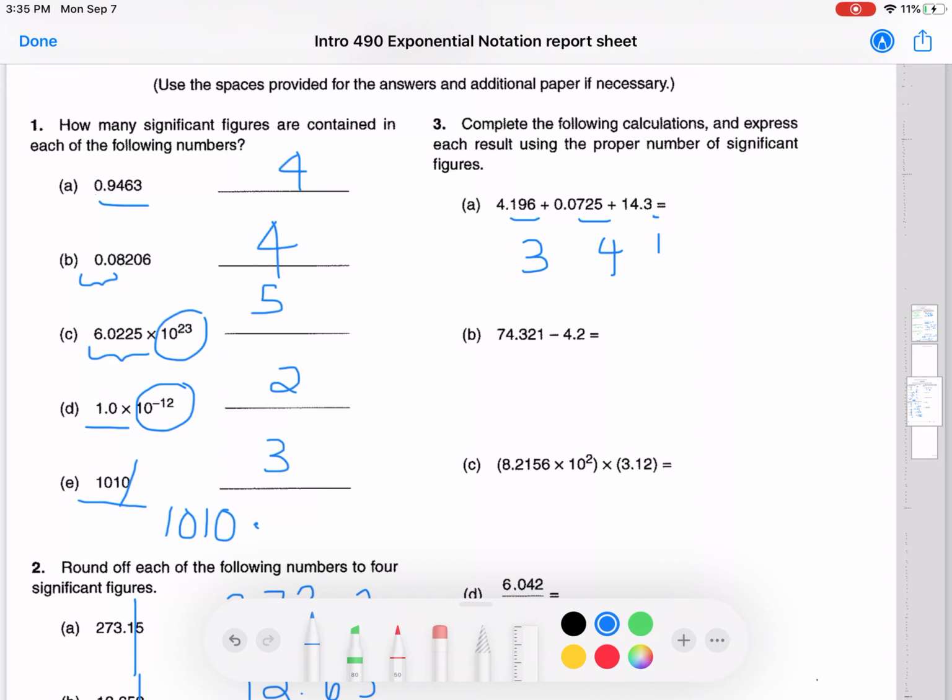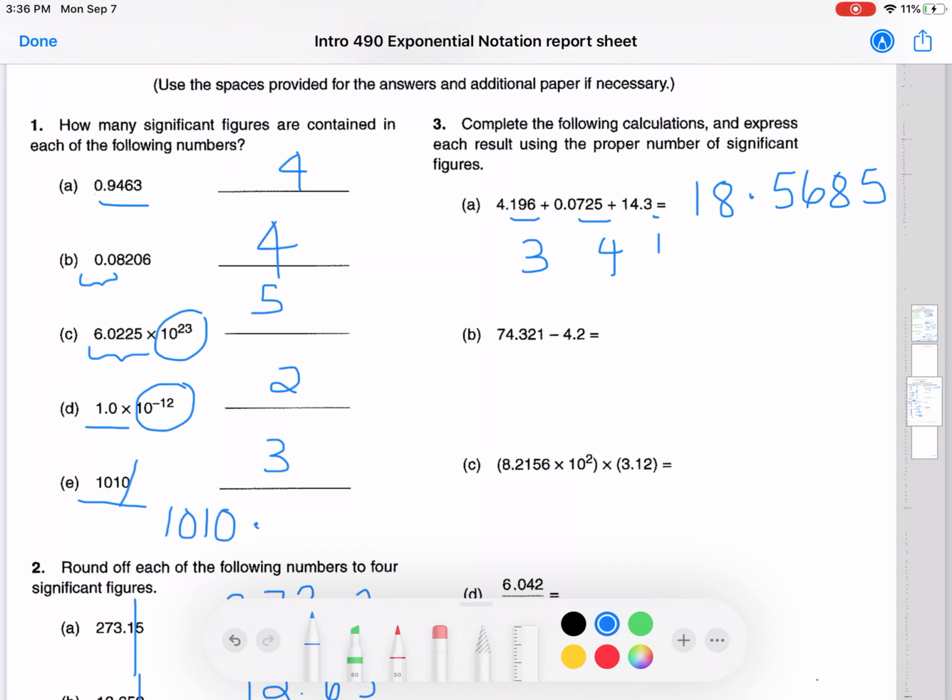So let's go ahead and add this. 4.196 plus 0.0725 plus 14.3. That will give you 18.5685. You guys also take your calculator and check to see if this number is correct.